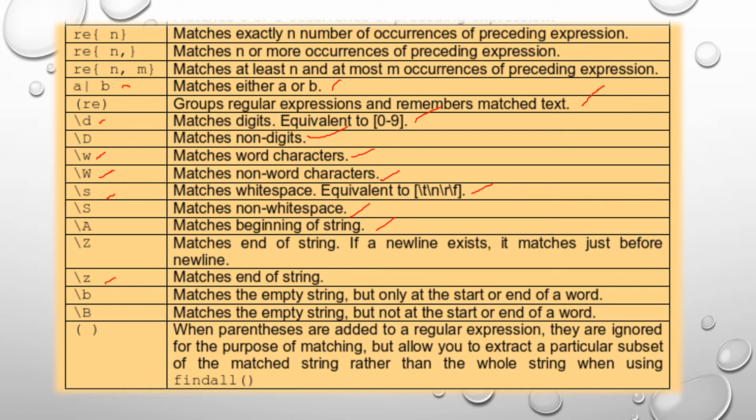Lowercase \z matches the end of the string. Lowercase \b: the meaning of this character is matches the empty string, but only at the start or end of a word. Uppercase \B: the use case of this is matches the empty string, but not at the start or end of a word.